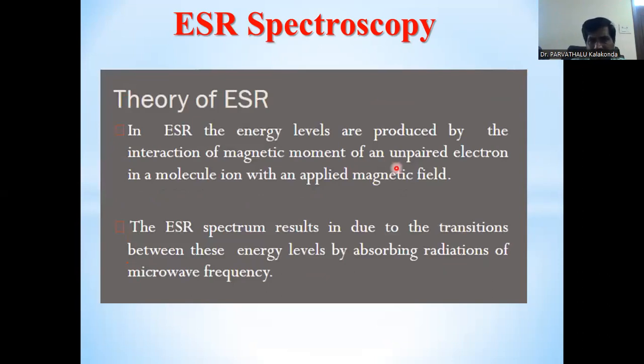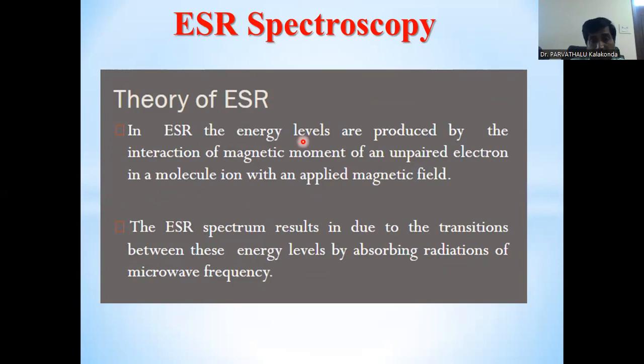What is the theory behind this? You know that the electronic energy levels can be changed when you apply the resonance condition. When can we see the resonance condition? Only when you apply the microwave frequency to the sample.